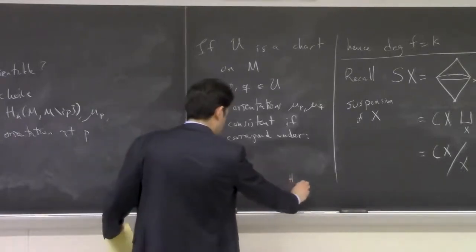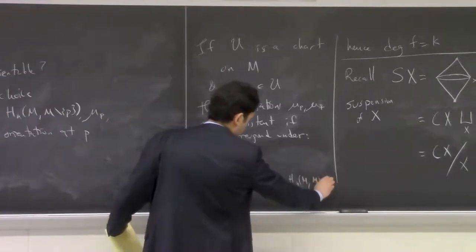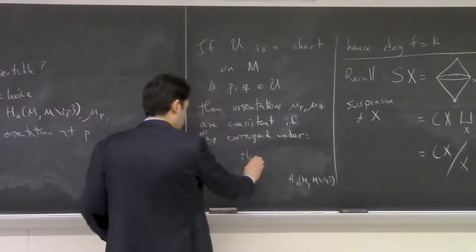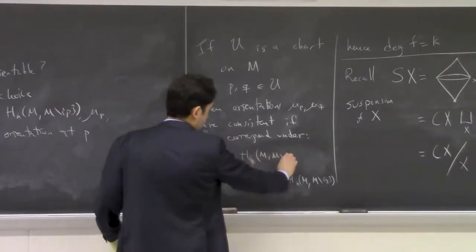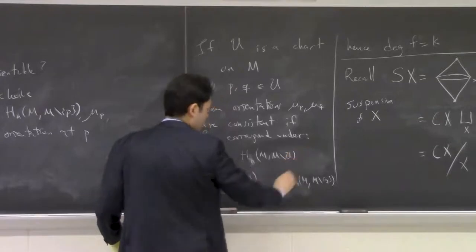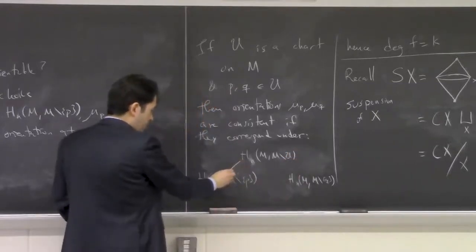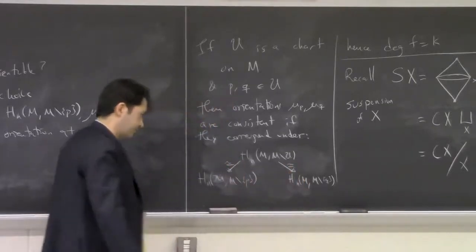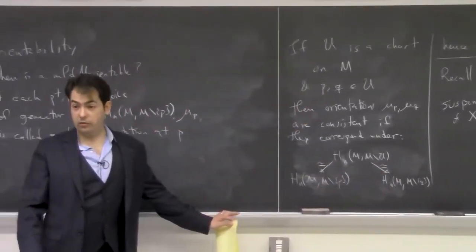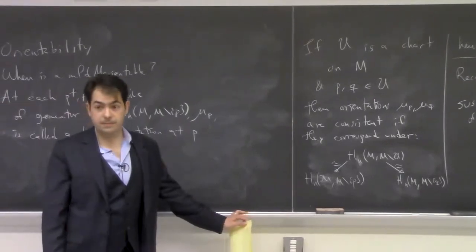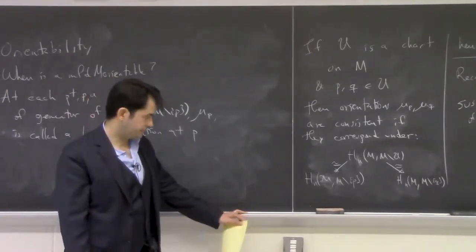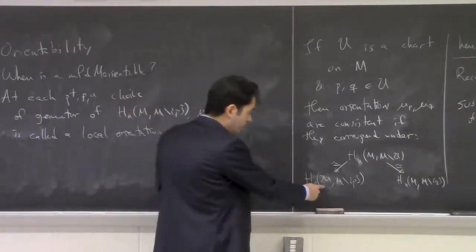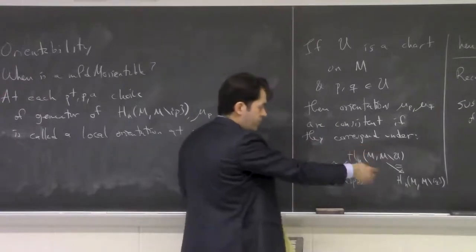You could look at the relative homology M minus Q. And I don't have a map between them directly, but I do have isomorphisms from excision with M minus U. So if I give you a generator here that chooses a generator of this group, all of these are the integers.